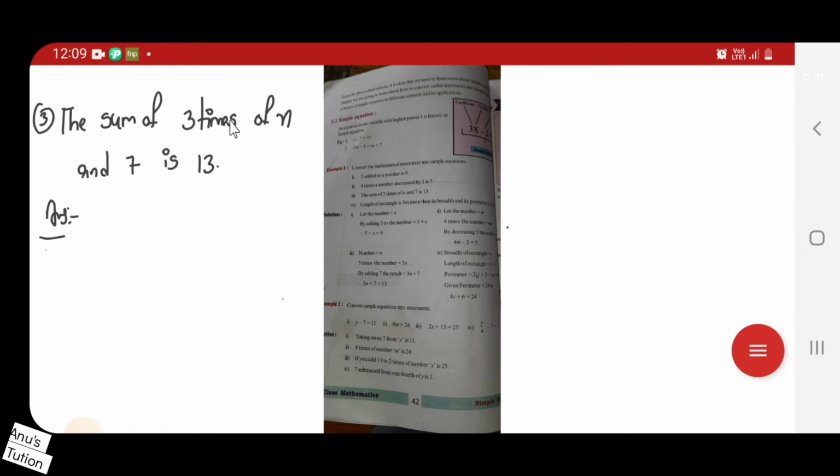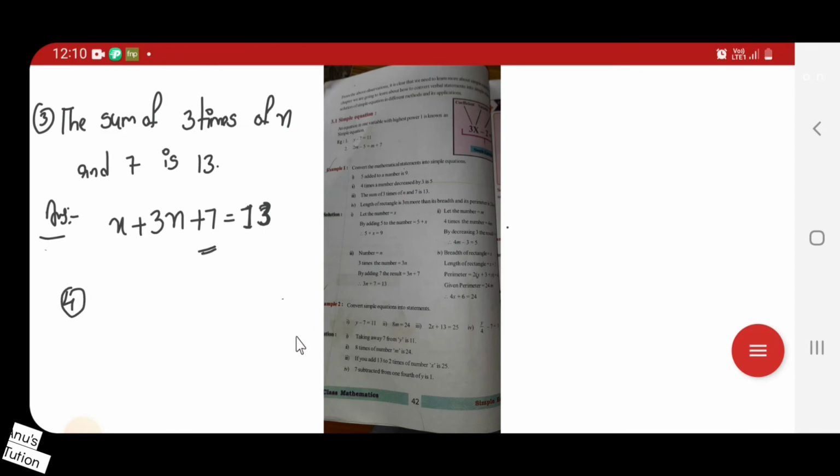This is the question, and we have to find the simple equation, meaning the answer. The sum of 3 times n and 7 is 13. That is 13. This is a simple equation for the given mathematical statement.